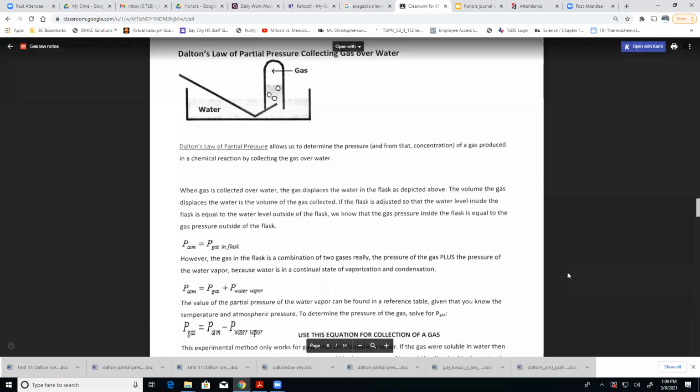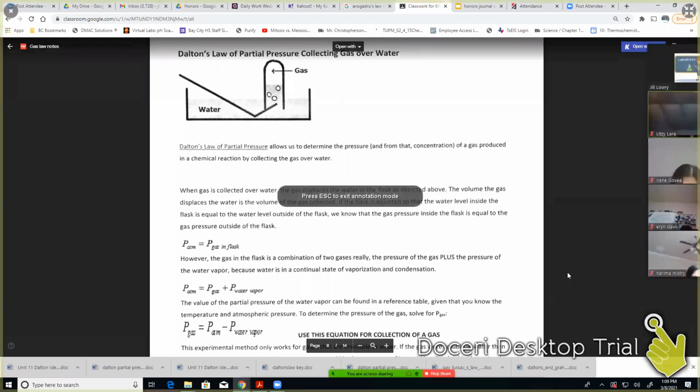This apparatus is one way that gas can be collected, like after a chemical reaction, if they want to collect the gas for some reason. And the problem with it is that whenever that gas is collected, not only is the gas in there, but there's also some water vapor in that too.